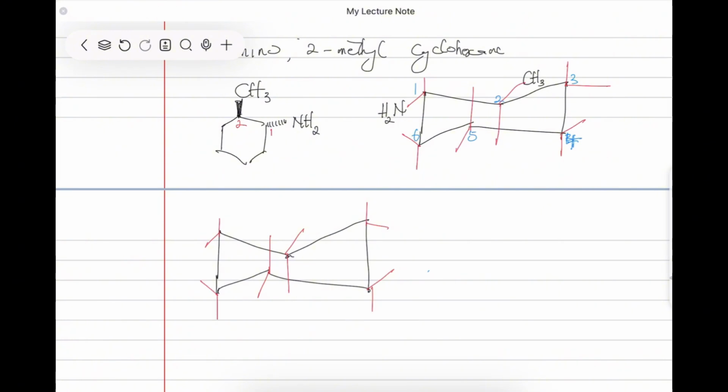I can start numbering from this position: 1, 2, 3, 4, 5, and 6.